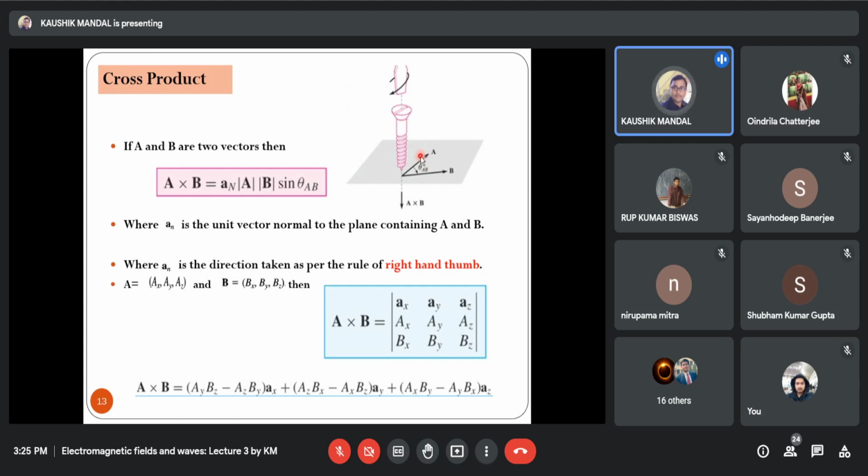If you move a screw from A to B, it will move into the paper. So that is the direction of the corresponding cross product.